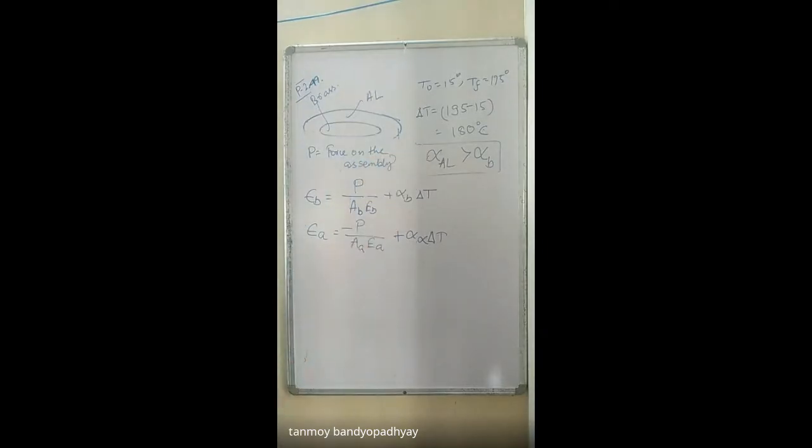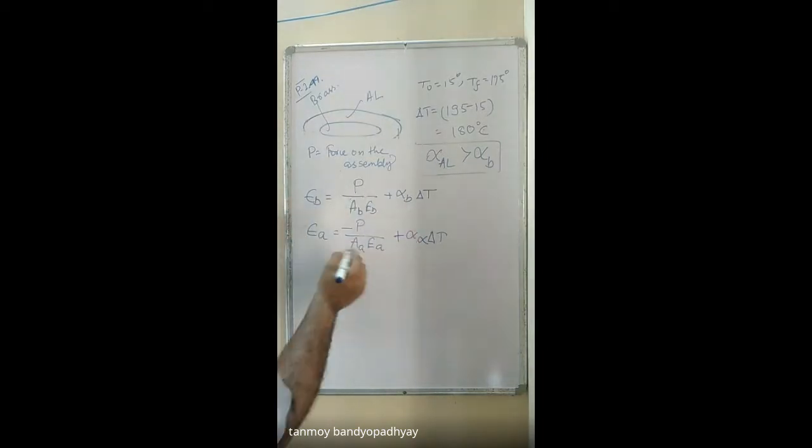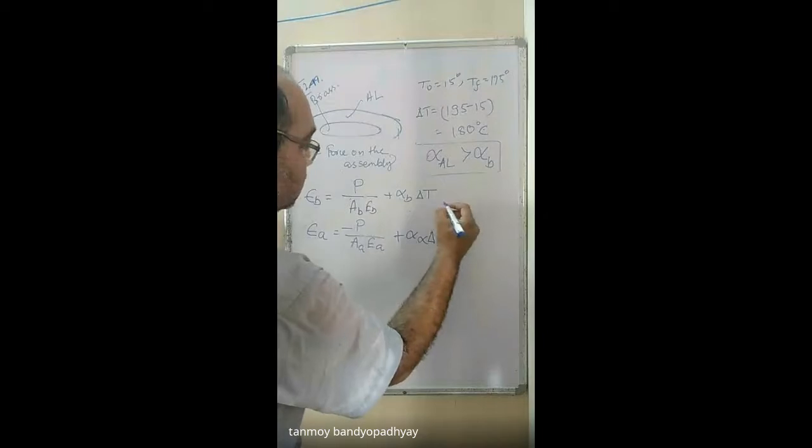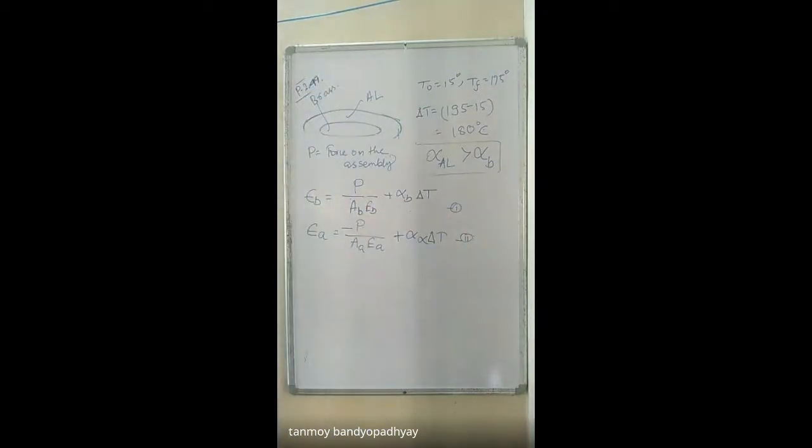There is no external force here, so PA plus PB is equal to 0. So I take PA equal to PB. See, this is 1 and this is 2. So we can equate the strain, the change per unit length. Since change is not allowed, it has to maintain the same length. So that is why the strain in aluminum will be equal to the strain in brass.